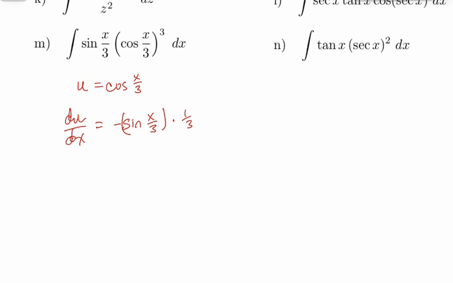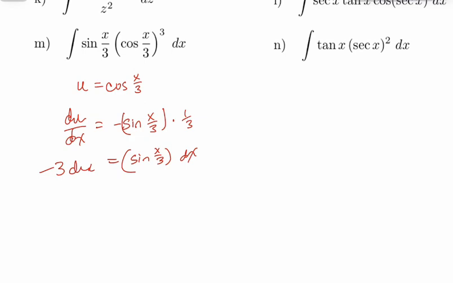Now, we don't see a 1/3 in the problem, so we do have to divide it off. To divide by 1/3 is the same as multiplying by 3. So we do get that 3 du equals, oh, and we don't have a negative. So let's put the negative and the 1/3 to the other side by dividing them off, and we get sine of x over 3 dx.